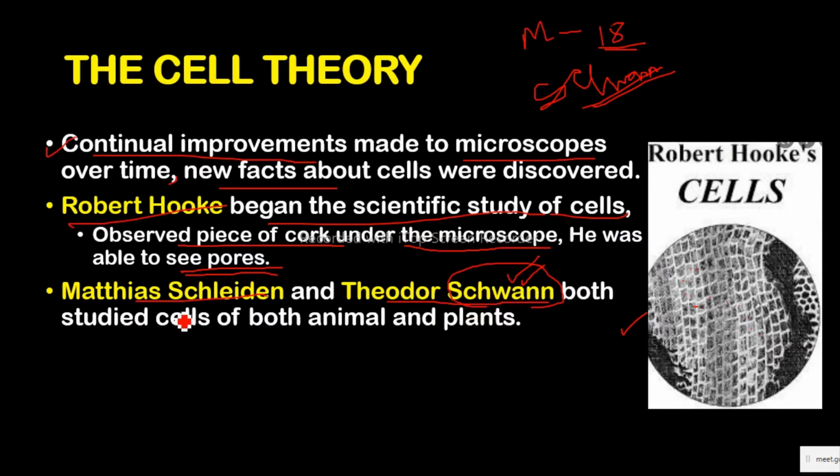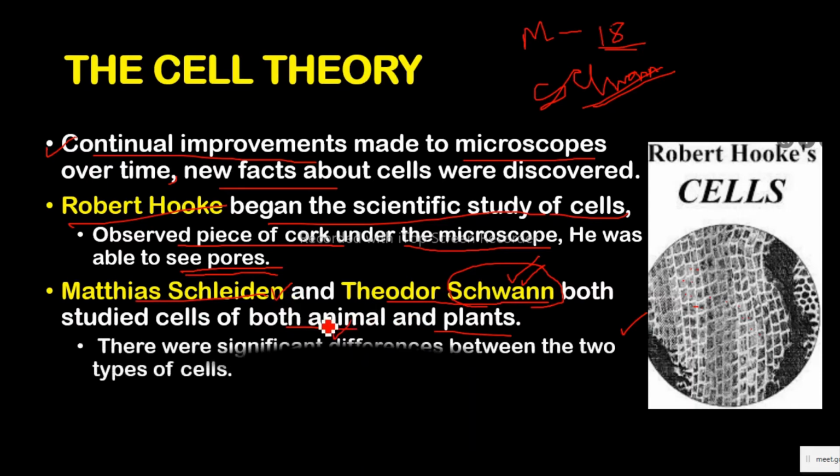So Matthias Schleiden and Theodor Schwann both studied cells of animals and plants. In fact, Schleiden was studying plants, whereas Schwann was studying animal cells. But surprisingly, they discovered that these cells have some things in common and some things were different. So there were some significant differences between the two types of cells, the plant cell and the animal cell.